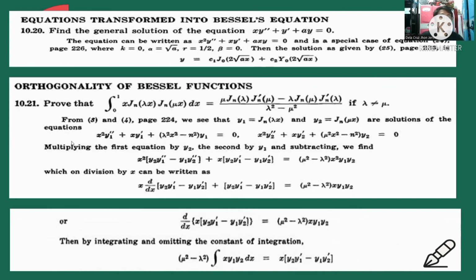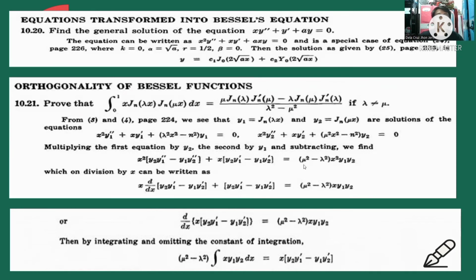Ito yung solution niya. Yung x squared y sub 1 double prime plus x y sub 1 prime plus quantity ng lambda squared x squared minus n squared y sub 1 equals 0.